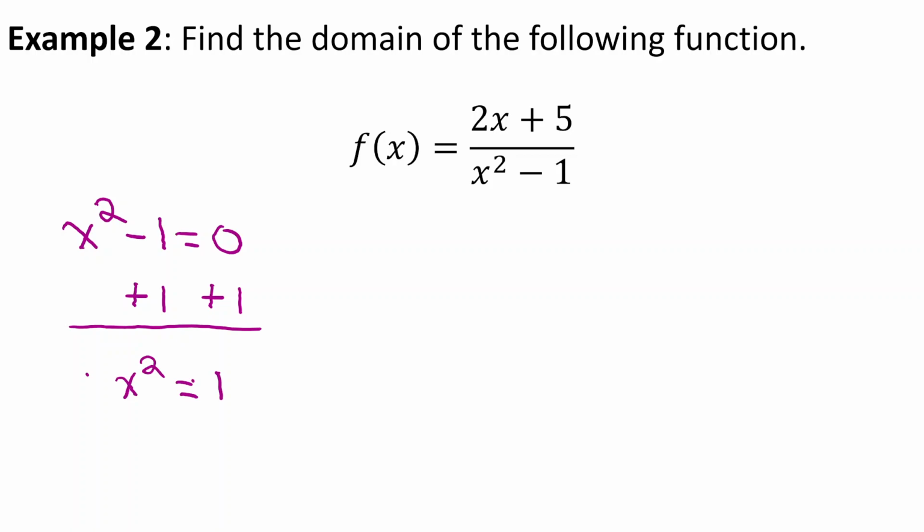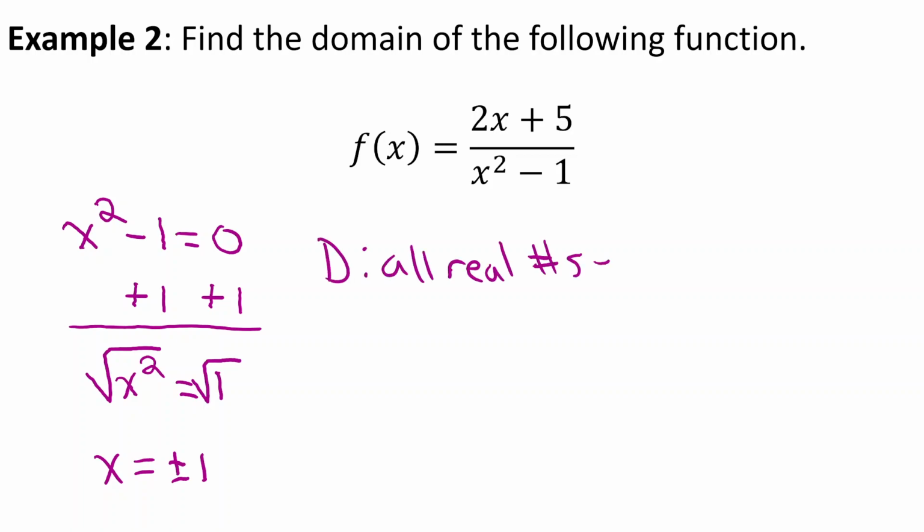Now, when we take the square root here, we're going to get two solutions, plus and minus. So essentially, we're going to look for the plus minus square root of 1. And we know that the square root of 1 is 1. So x is going to be equal to plus minus 1. So the domain here is all real numbers except x equals 1 or negative 1.